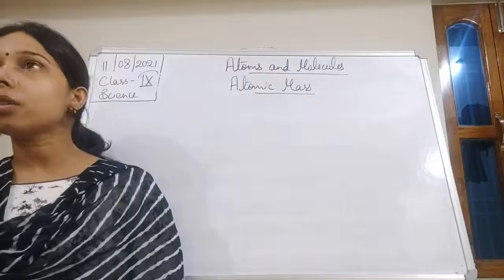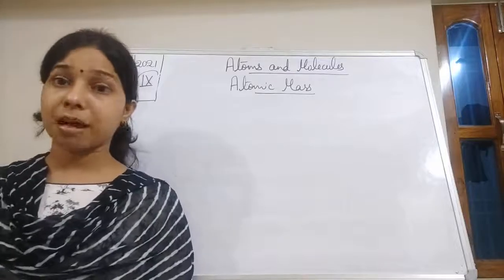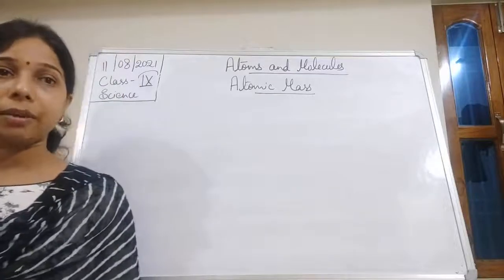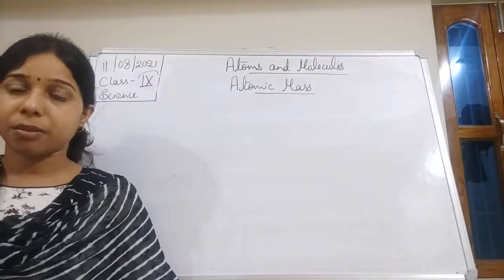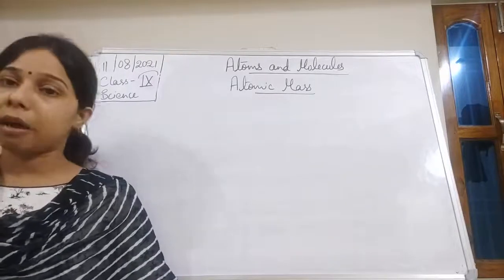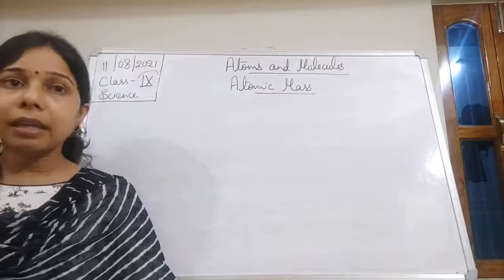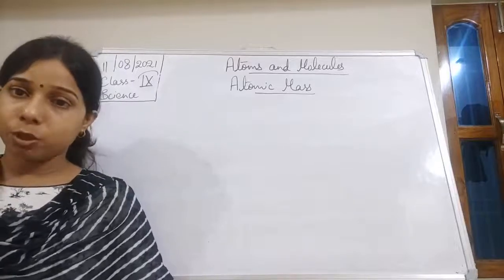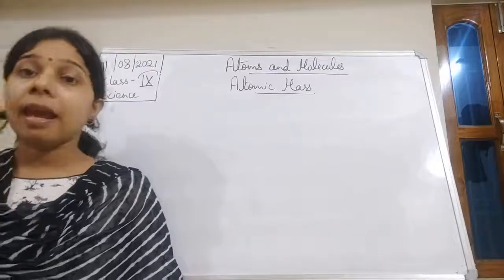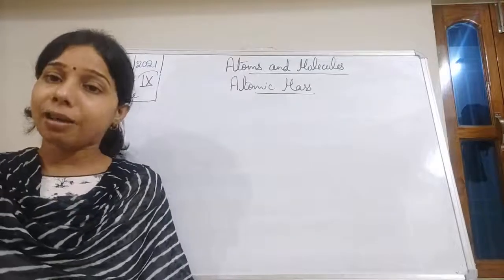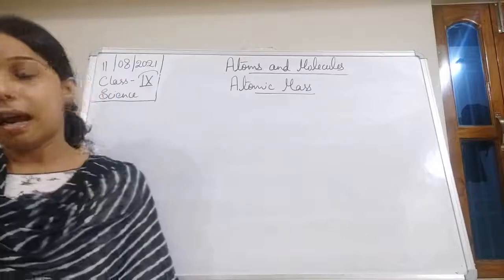In order to understand the atomic mass of different elements, we must have a reference atom, and that reference is carbon 12. Taking the atomic mass of carbon 12 and comparing it with other elements helps us find the mass of the different elements.